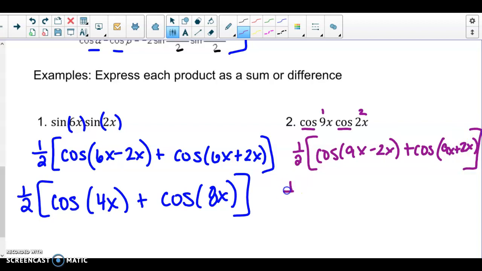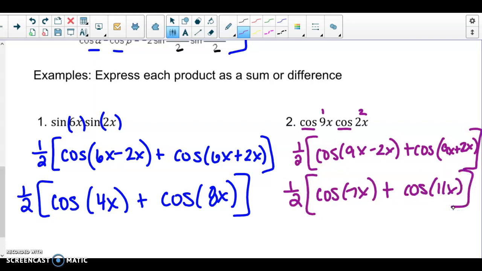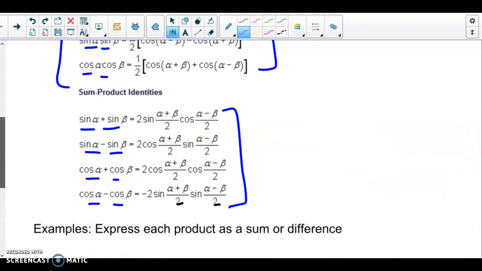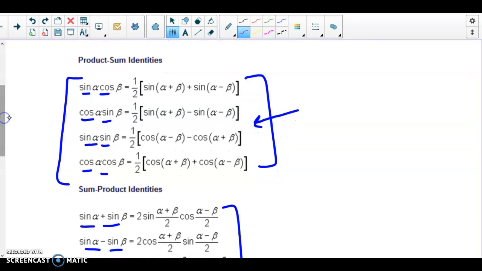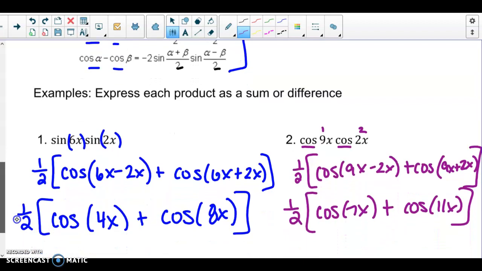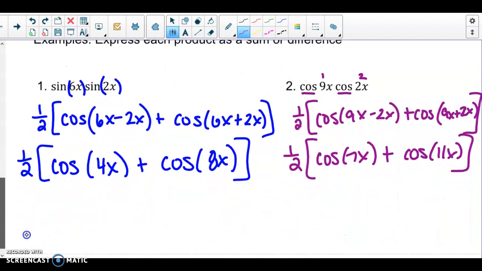So let's simplify that to be 1/2 cosine of 7x plus cosine of 11x. And now that has been changed from a product to a sum. Very easy to use. And it's all based on these formulas right here at the top. I just filled in angles for the alpha and the beta in these two examples.